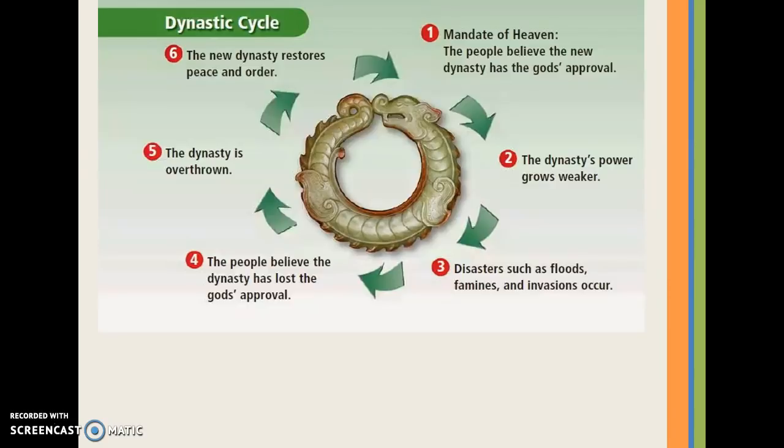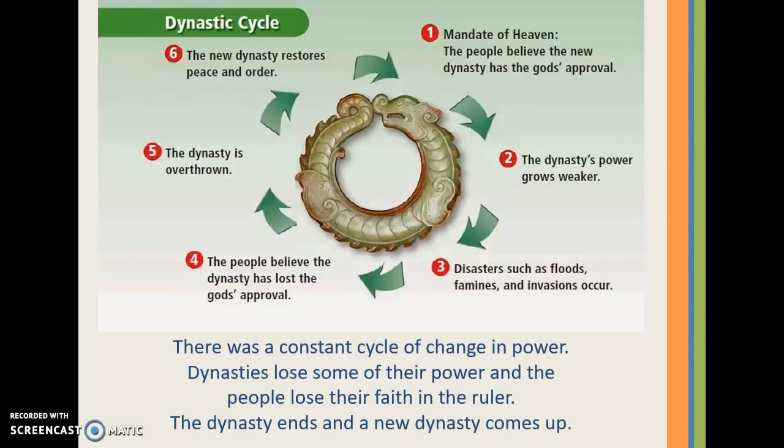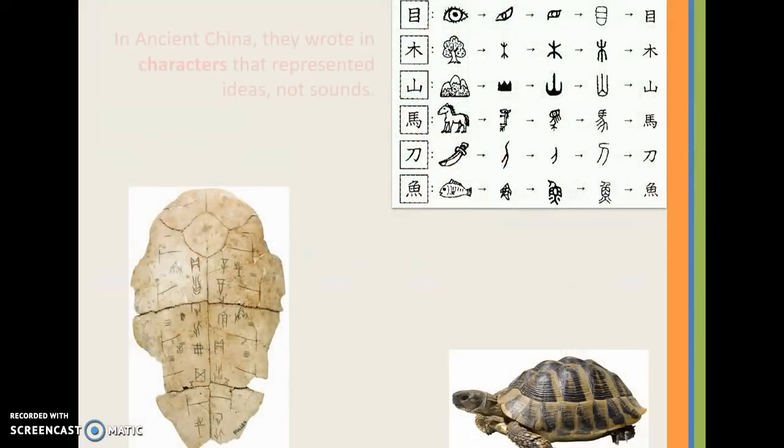The people believe the dynasty has lost the god's approval, the dynasty is overthrown, and the new dynasty restores peace and order. And this would go on and on for hundreds of years. There was a constant cycle of change in power. Dynasties lose some of their power, and the people lose their faith in the ruler. The dynasty ends and a new dynasty begins.